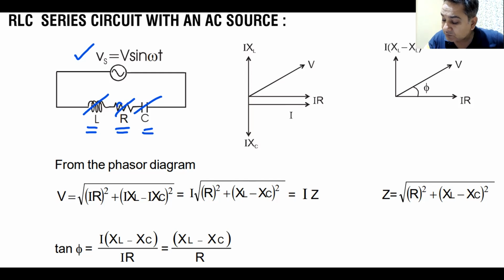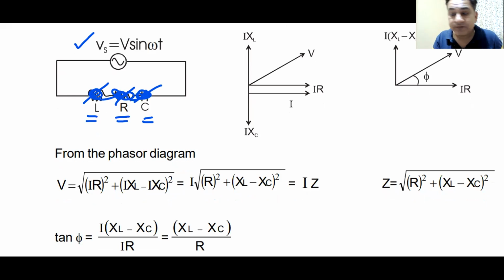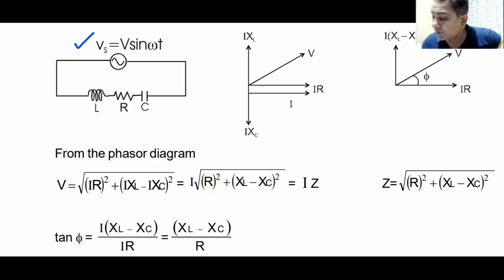If I take both R and C out, it becomes L. If I take L and R out, it becomes C. If I take L and C out, it becomes pure R. What is the summary? What is the moral of the story? That if you understand this circuit, you understand everything. I hope you are following me.